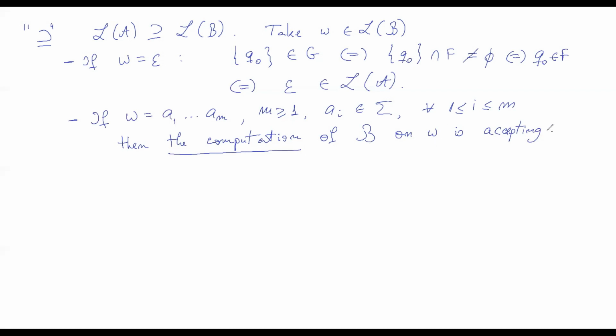And I want to show this accepting computation. So from Q0, I'm going to go to some state, let's denote this by P0. I will go to a state P1, which is the image of P0 under a1, and then I go to some state P2, and so all the way I go to Pm, and Pm is a final state.